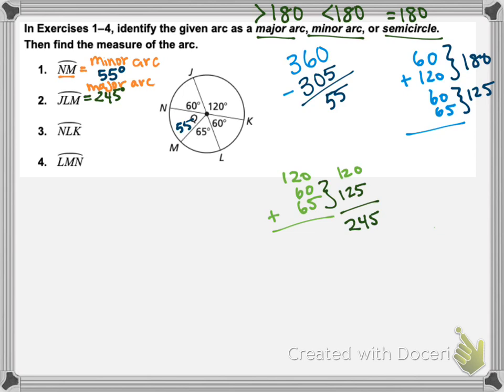Alright, then we have NLK. So starting at N, want to go in the direction of L, and then end up at K. If we add them together, we would get 180 degrees, which is a semicircle.